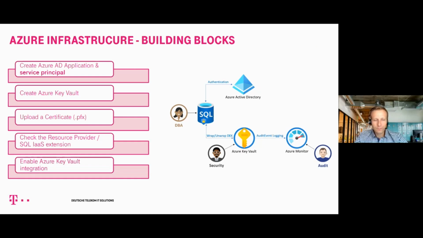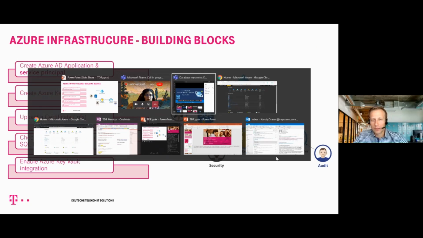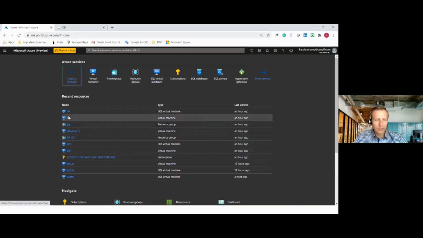And then we get to that stage where I'm jumping into the demo, because now we will technically enable the Key Vault integration. If everything works fine, then yeah. So give me a sec. I will go to my resources, and there are plenty of resources. As you can see, here's my virtual machine, and this is my SQL virtual machine, which is nothing related to my real virtual machine.